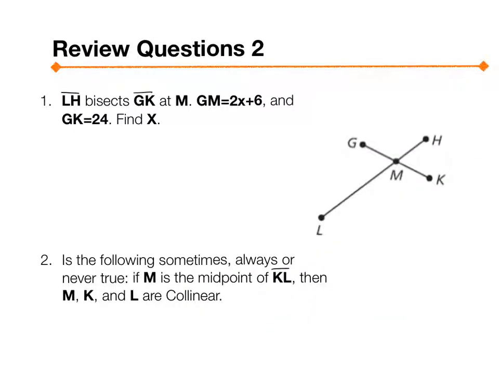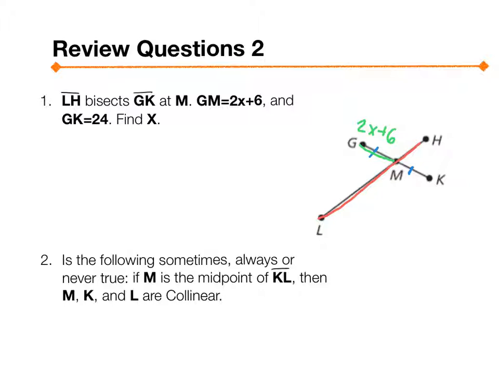Okay, so for review question 2, LH, so this longer line here bisects GK. So that means that GM is congruent to MK. So GM, we know that this part of the line is 2x plus 6.